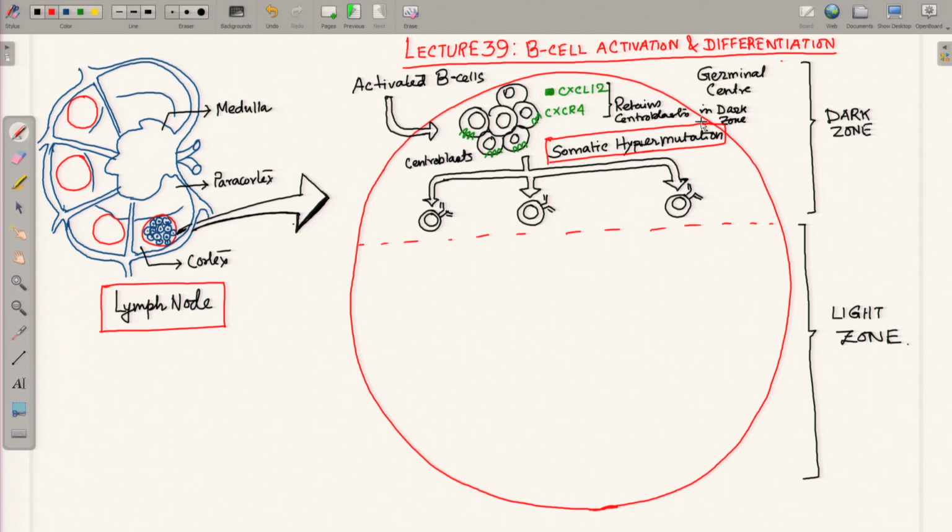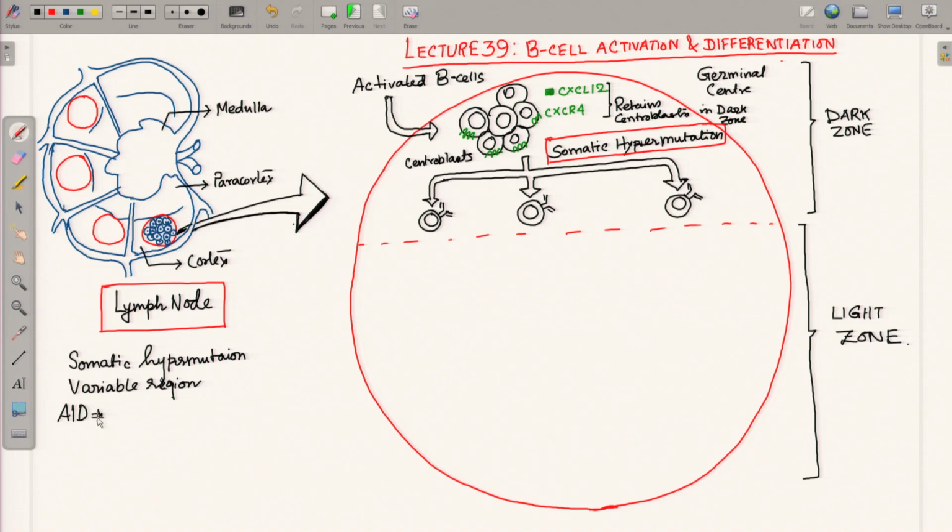These are point mutations in the variable region, and these point mutations are primarily carried out by an enzyme called AID.